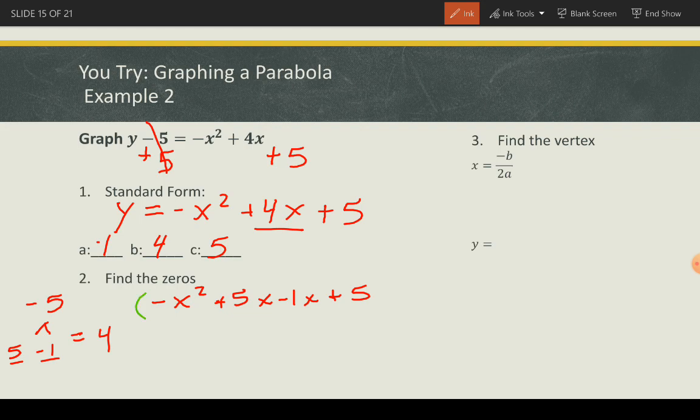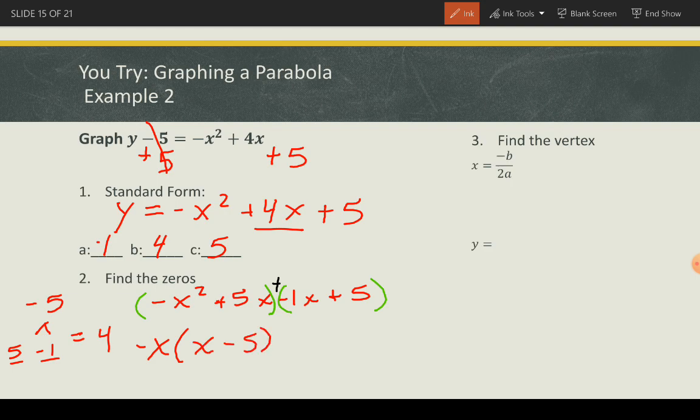Now we want to factor by grouping. So we'll group the first two and the second two. We'll have to squeeze a plus sign in between. I can take out a negative x, and I'll have x minus 5 left.